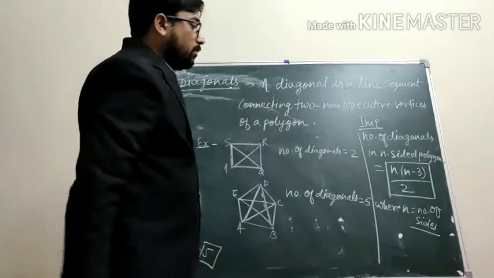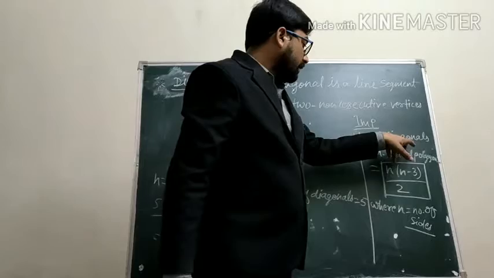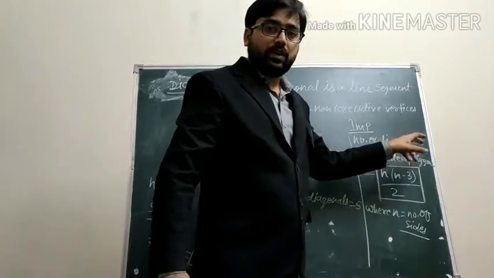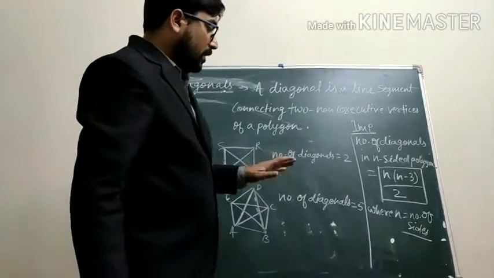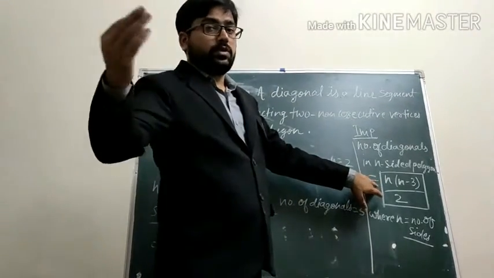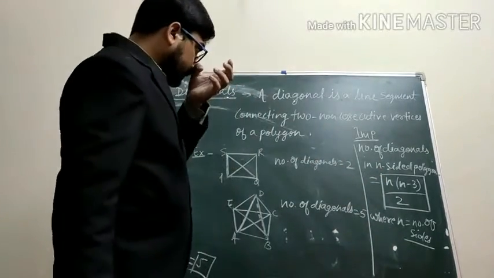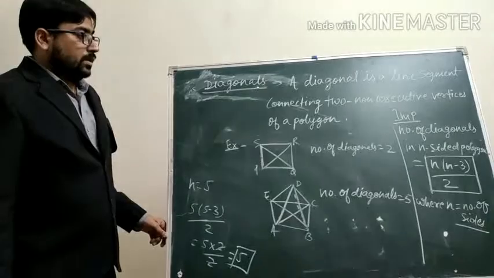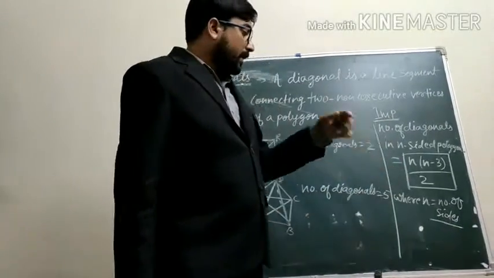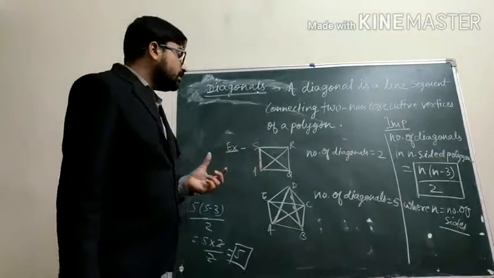So this formula for finding number of diagonals in n-sided polygon is n into n minus 3 upon 2. Remember this formula. Maximum question will be solved in 3.1 with the help of this formula. So you remember this formula, n into n minus 3 upon 2 for finding number of diagonals.